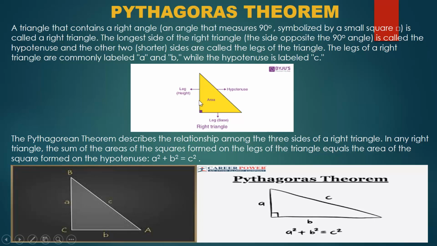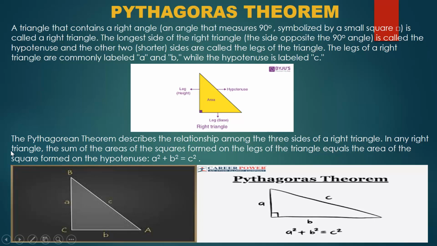The other two sides are the shorter sides, and in the Pythagoras theorem they are called the legs of the triangle. These two sides are represented by small a and small b, and the hypotenuse is represented by small c. The Pythagoras theorem describes the relationship among the three sides of the right triangle.